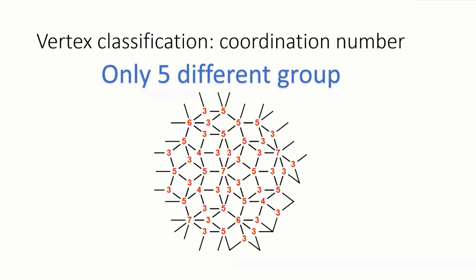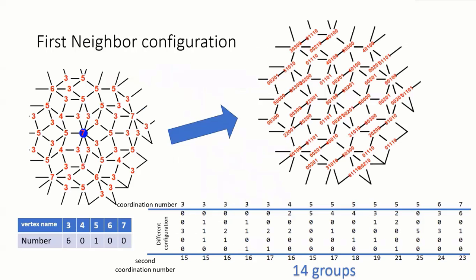So I wanted to know, is it possible to increase this classification or not? If we look at neighboring vertices, we can increase our subclasses to a higher number of classes. For example, consider the vertex here with coordination number 7, and look at the number of vertices with a specific label.